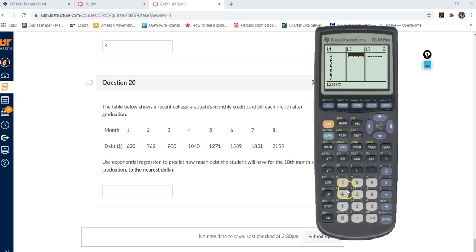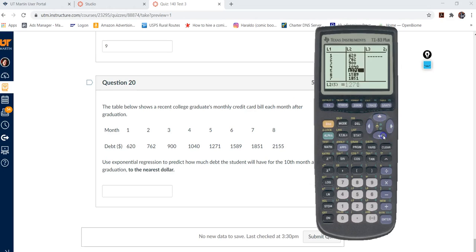And in my second list, I have 620, 762, 900, 1040, 1271, 1589, 1851, and 2155. And you absolutely must go back and double check. Make a mistake here and everything is ruined.